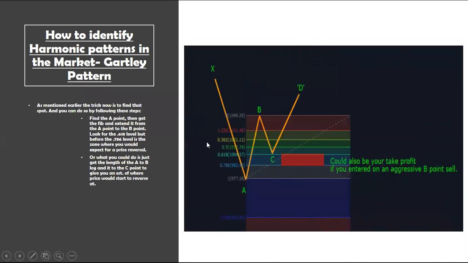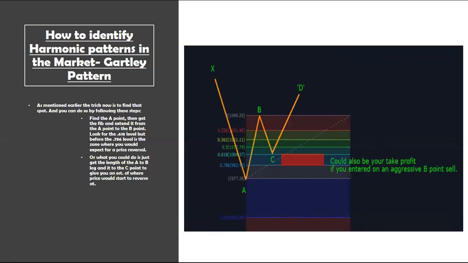So as mentioned earlier, the trick now is to find a spot where you can do your take profit from your aggressive C buy. You can do that really by finding the A point.